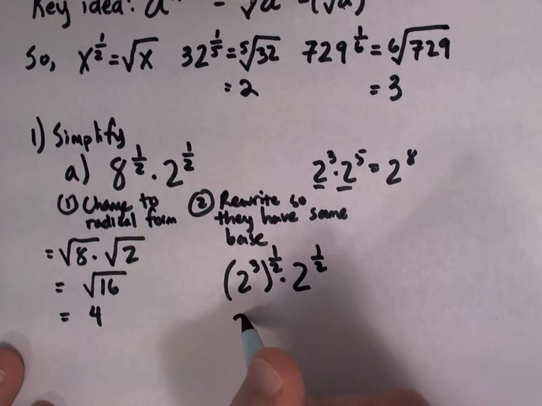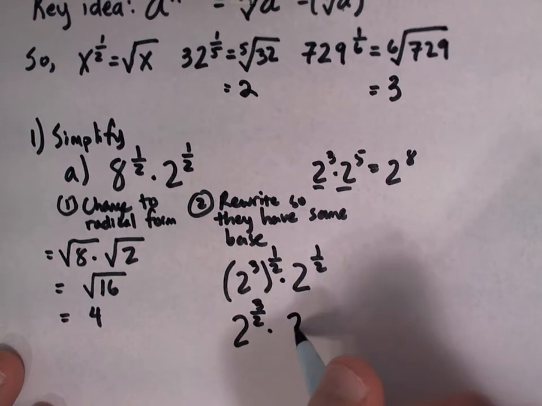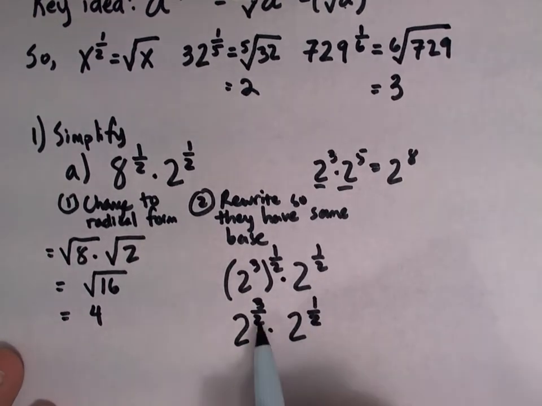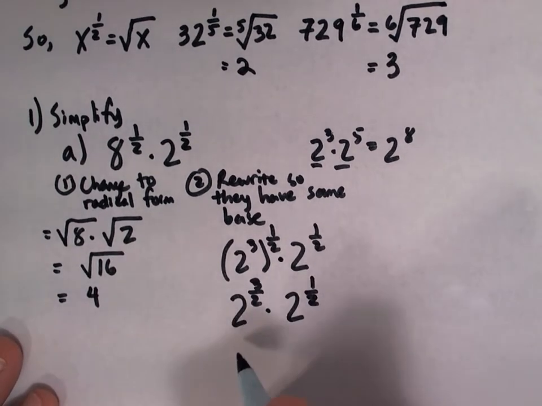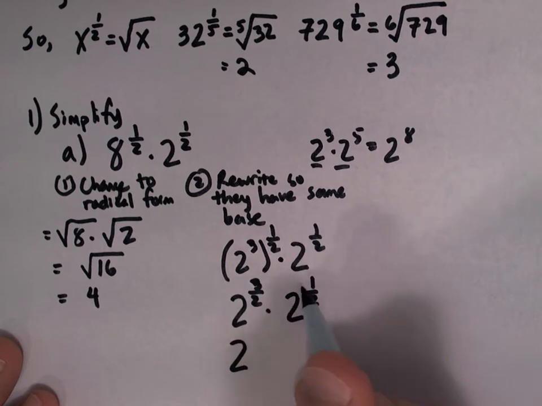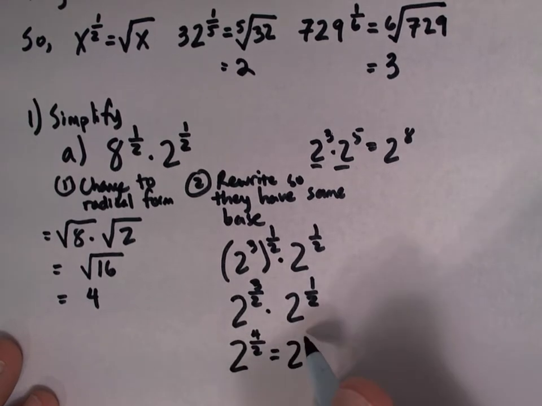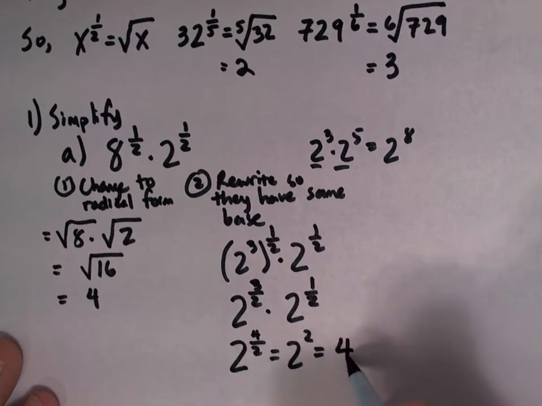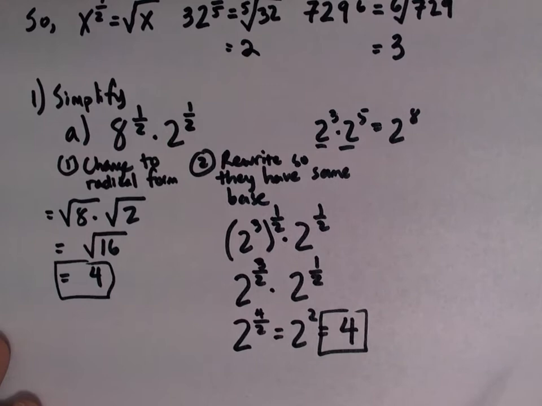So this is 2 to the 3 times 1/2, which is 3 over 1 times 1 over 2, so 3 halves. 2 to the 3 halves times 2 to the 1/2. Now I can add those exponents, so I get 2 to the 3 halves plus 1/2. That's 2 to the 4 halves, which is 2 squared, which is 4. So these are working the same way.